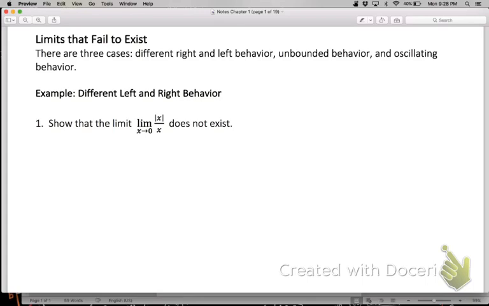Now, for this one, we are looking at the limit as x approaches 0 of the absolute value of x divided by x. What we want to look at is a table of values coming from the left and coming from the right. Okay, we have our x and our y, and we're going to set this up.